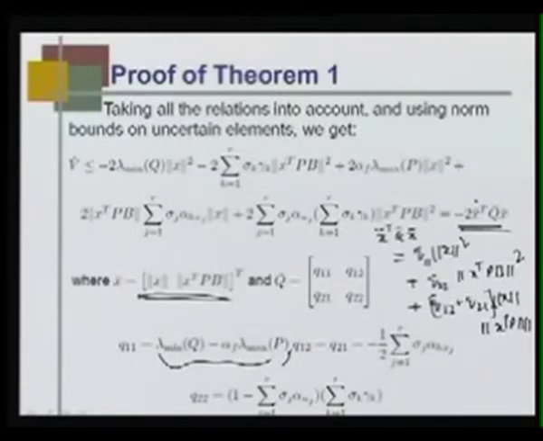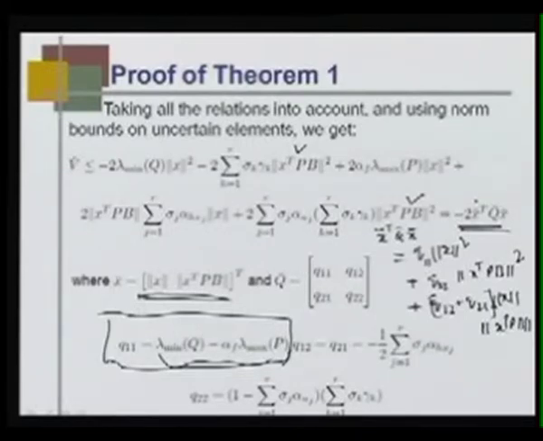If I take minus 2 common here, then by comparing the coefficients you will see q11 will be the total coefficient of x norm square. So, that is lambda min q minus alpha f lambda max p, which is here q11. q22 is the coefficient of x transpose p b norm square. So, this is one term x transpose p b square, and another term is x transpose p b square.